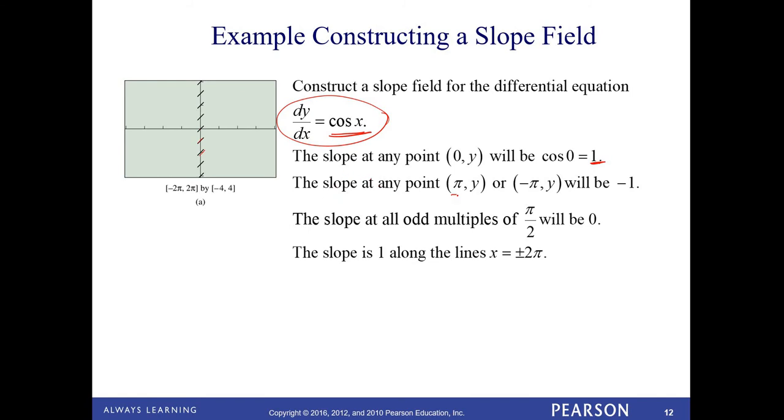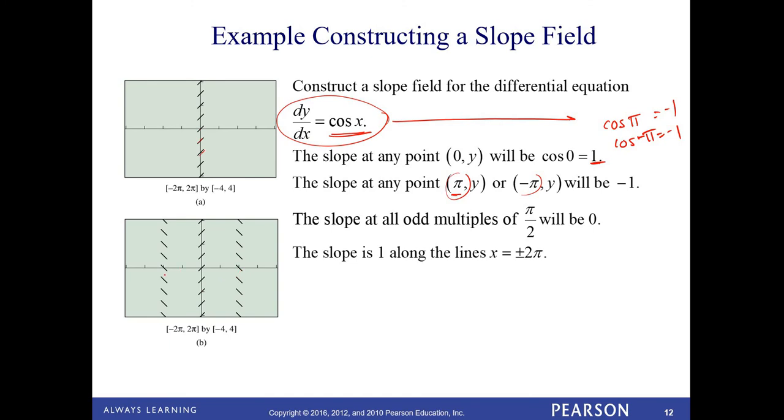The slope at any point pi comma y or negative pi will both yield -1, because using my differential equation, the cos of pi is -1, and the cos of negative pi is -1. So I can plot those at pi and negative pi. Notice that my scale here is from -2 pi to 2 pi.